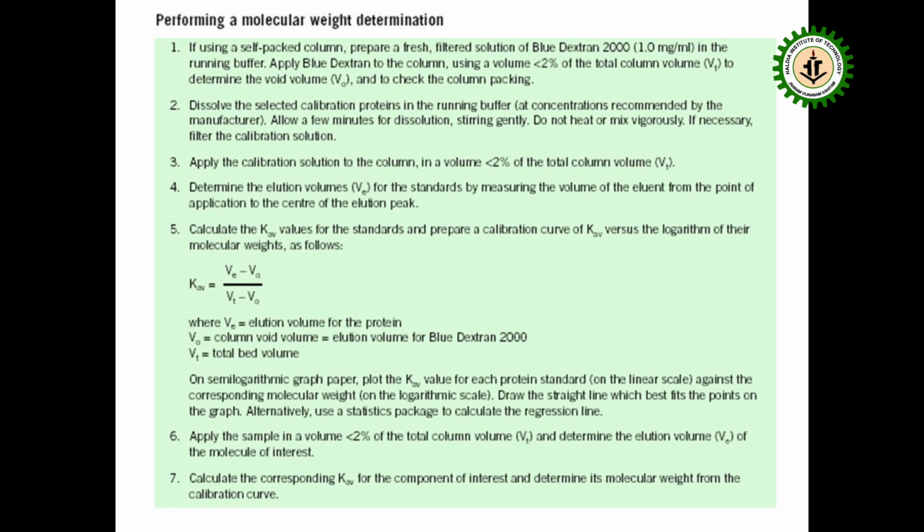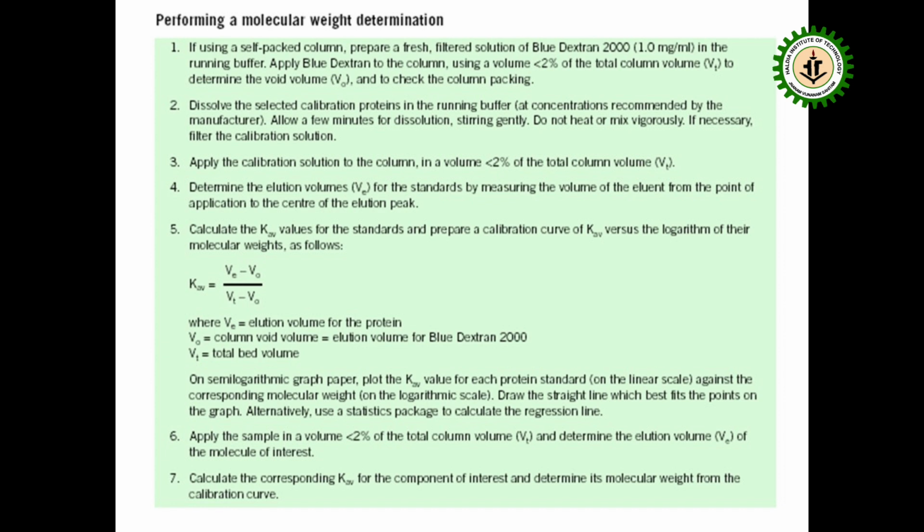Calculate the KAV or KD values for the standards and prepare a calibration curve of KD or KAV versus the logarithm of their molecular weight as follows. KD or KAV equals V minus V0 divided by Vt minus V0, where V is the elution volume of the protein, V0 is the column void volume or elution volume of the blue dextran 2000, and Vt is equal to the total bed volume.